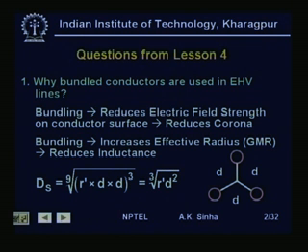Well, the answer to this question is bundling of conductors, that is, instead of using one single conductor, use of a number of conductors connected by conducting frames reduces electric field strength on the conductor surface, which in effect reduces the corona losses, which result in power loss as well as radio interference and audible noise in the system.